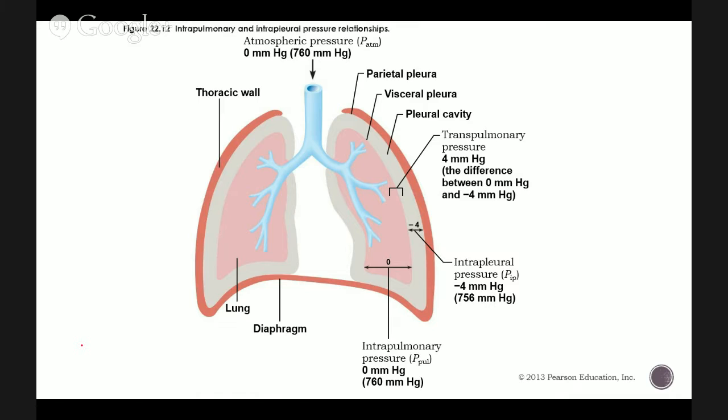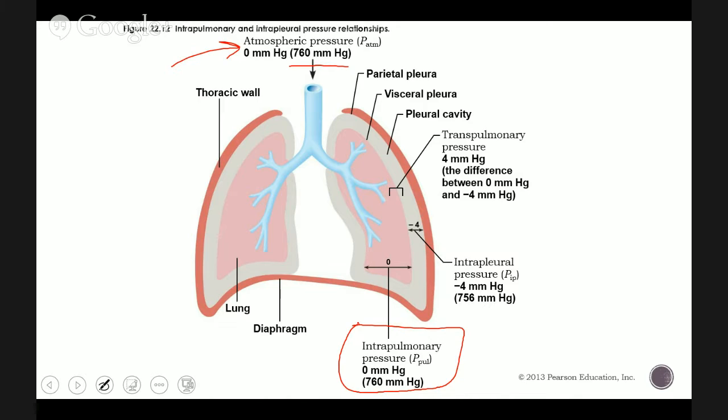First of all, we have the atmospheric pressure here. We're going to just assume that this is an average atmospheric pressure at sea level, 760 millimeters mercury. And then we have the intrapulmonary pressure.